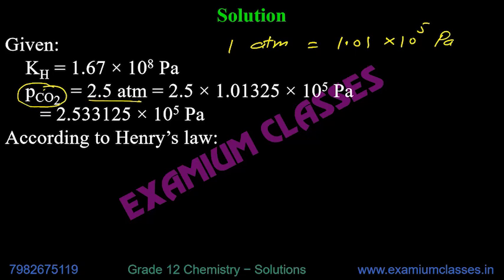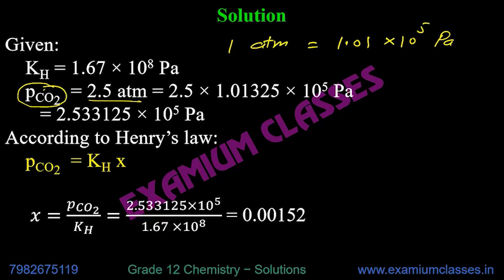We move forward according to Henry's law. The partial pressure will be equal to K_H into X. So from here, we get X as 0.00152. This X is actually the mole fraction of carbon dioxide in water.